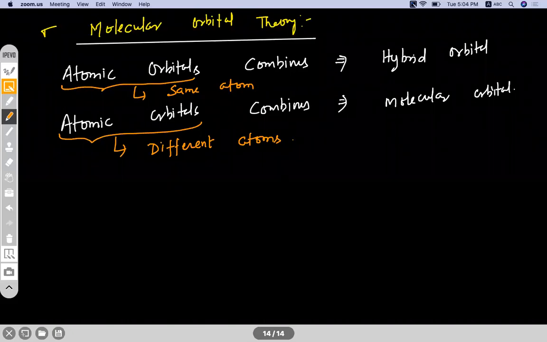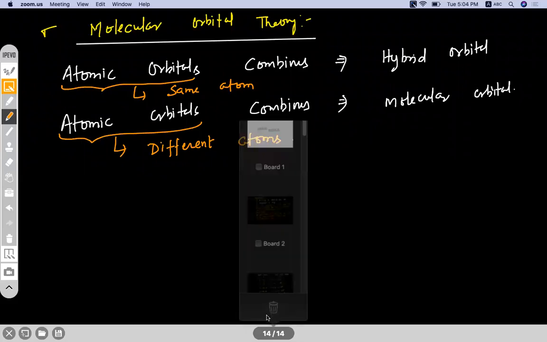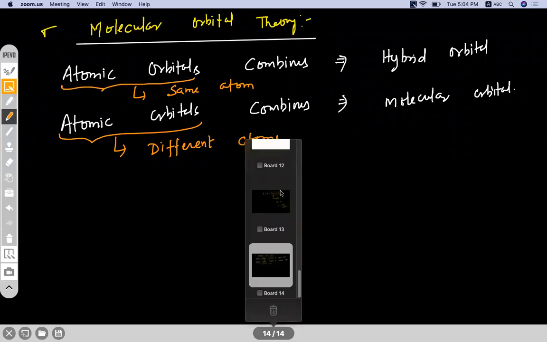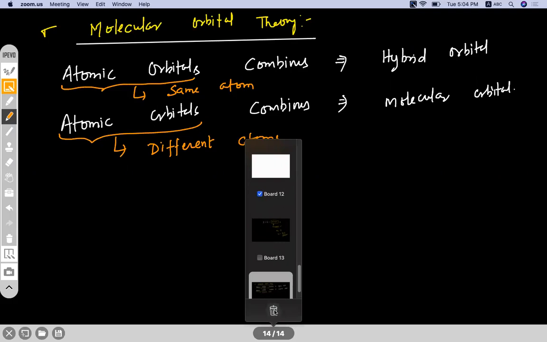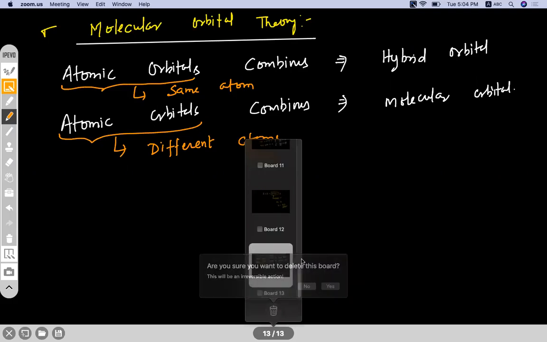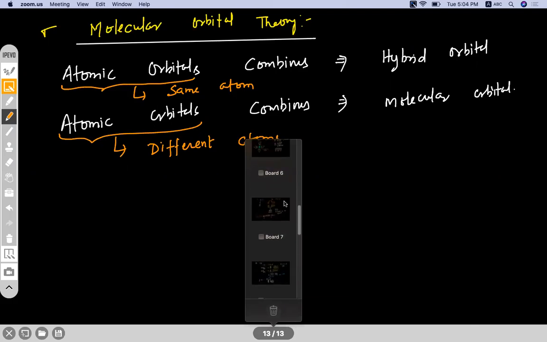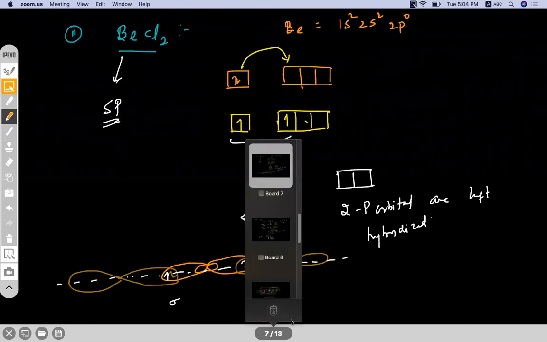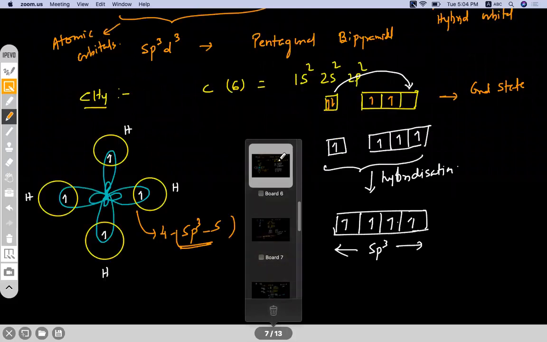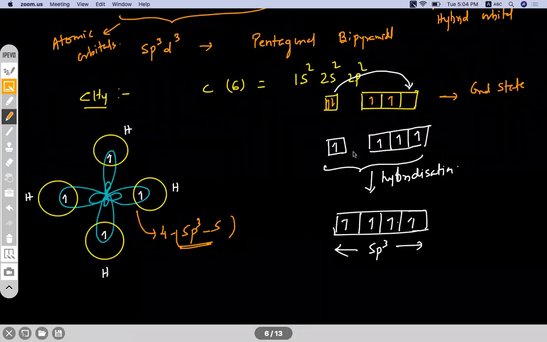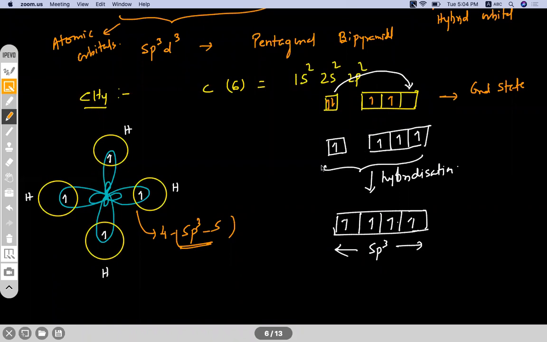Now you go back and see the examples of CH4 I have discussed. BeCl2, CH4. What I said, these four orbitals go under hybridization, right? All these four orbitals of carbon, we don't have orbitals of hydrogen here.